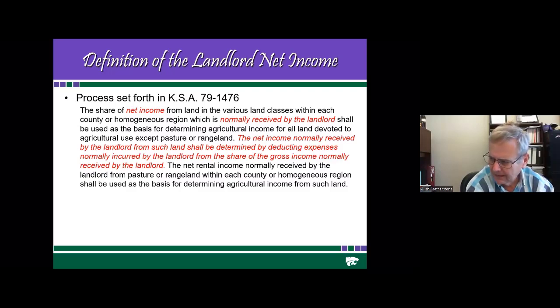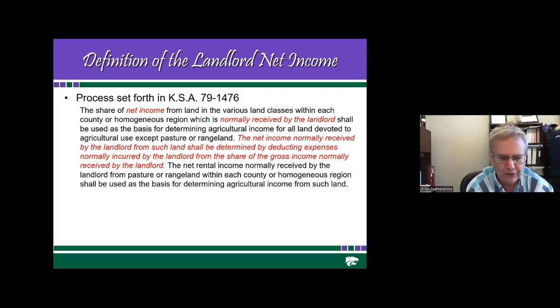For non-irrigated land, it's the share of net income from land in the various land classes within a county or a homogeneous region normally received by the landlord. It shall be used for the basis of determining agricultural income for all land devoted to agricultural use except pasture or rangeland. So again, there's a divergence in the statute between irrigated and non-irrigated land and pasture and rangeland.